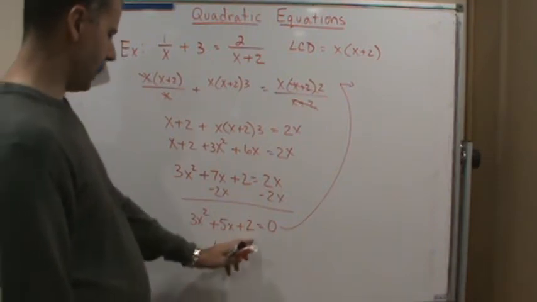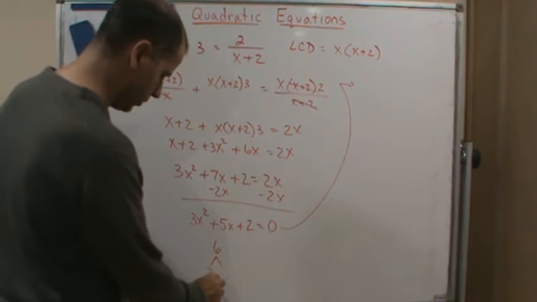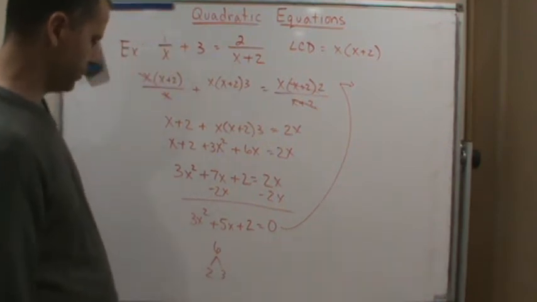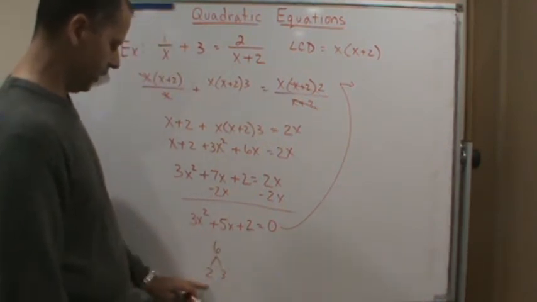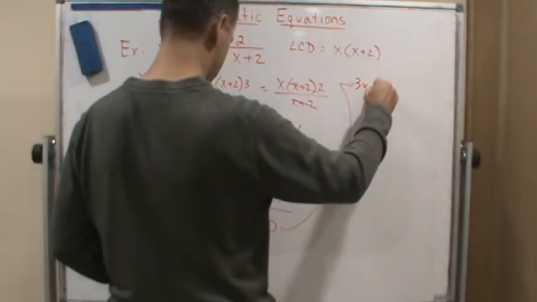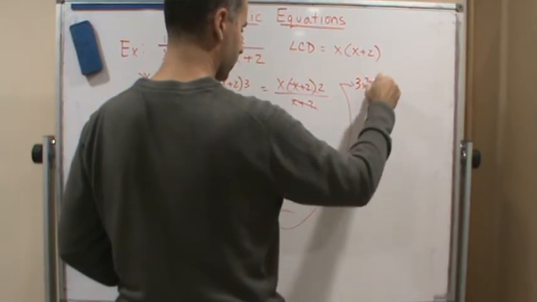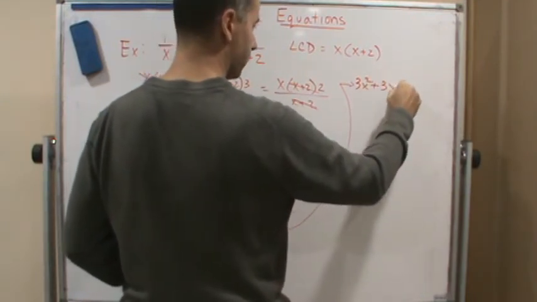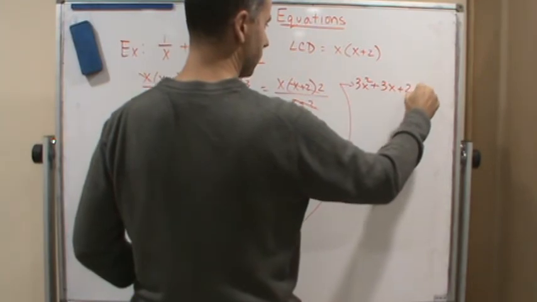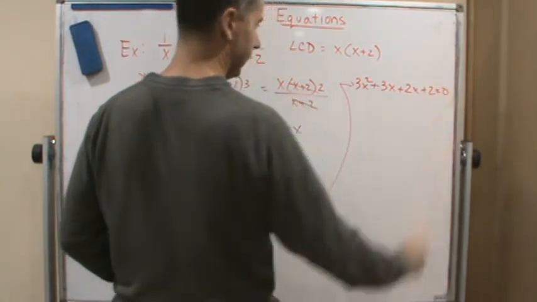Since this is positive, they're either both negative or both positive. Well, the answer is going to be 2 and 3. So now I'm going to decompose the middle term using 2 and 3. So this is going to be 3x squared plus 3x plus 2x plus 2 equal to 0.